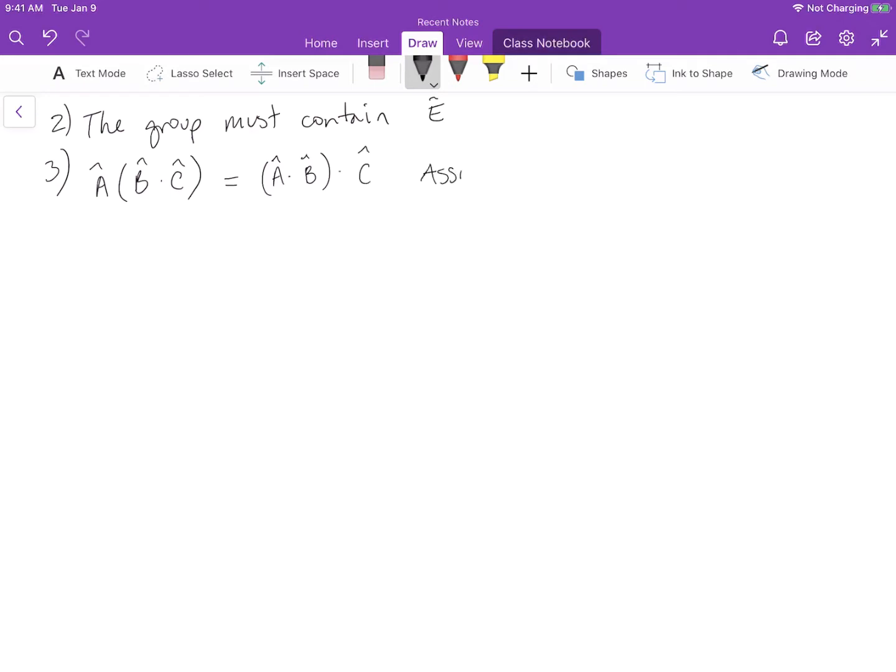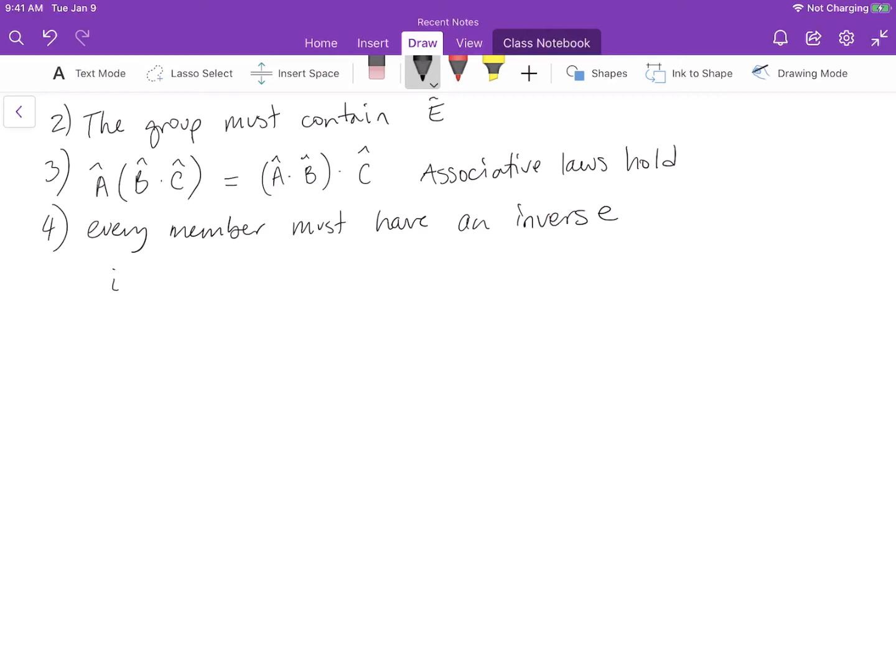So this means that the associative laws hold. Four, every member must have an inverse. So the easiest one to think of is that the inverse times the operation equals E. So basically something that when it's multiplied by that equals E.